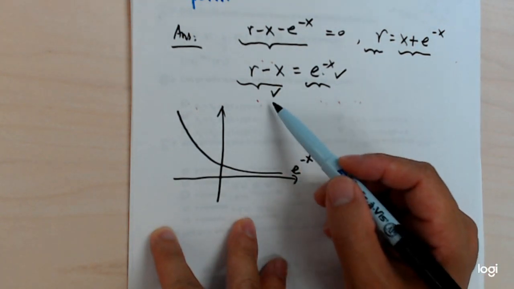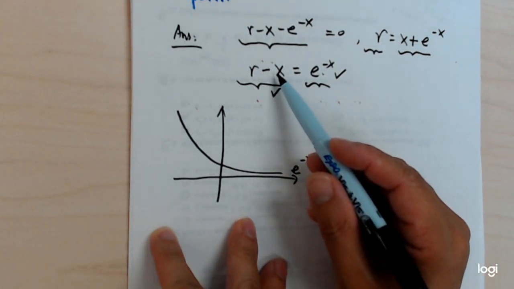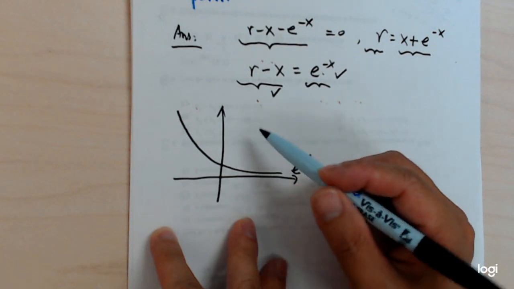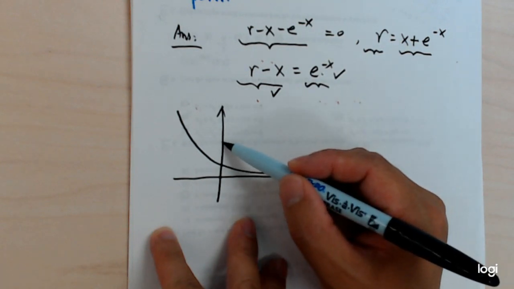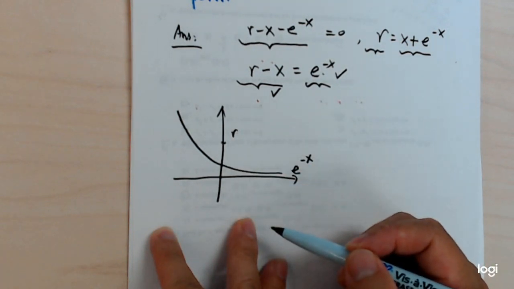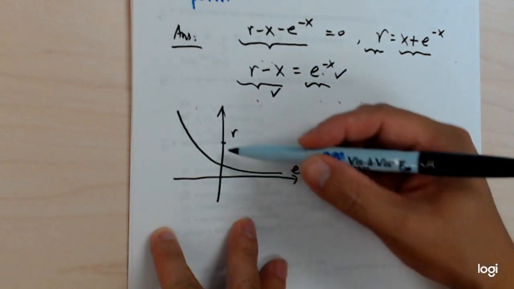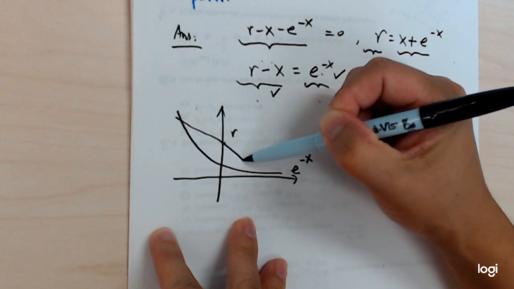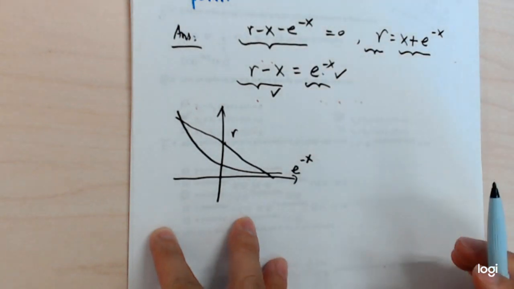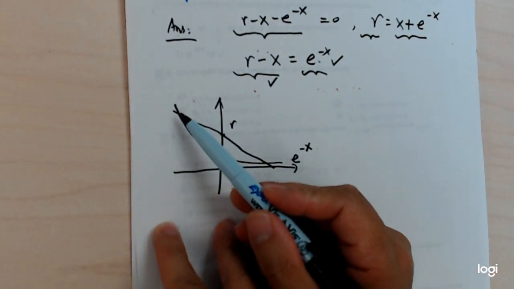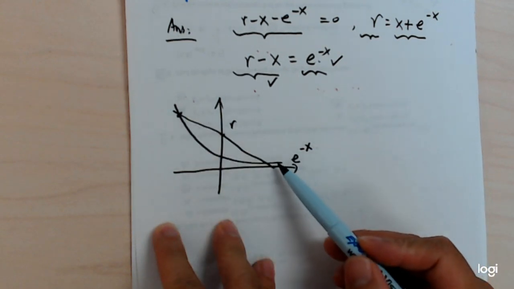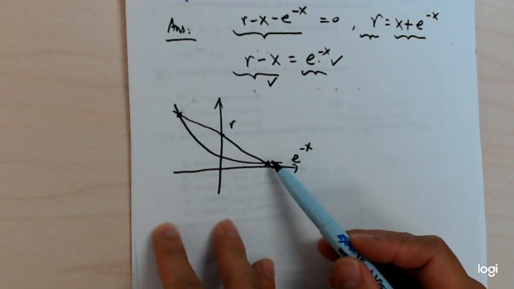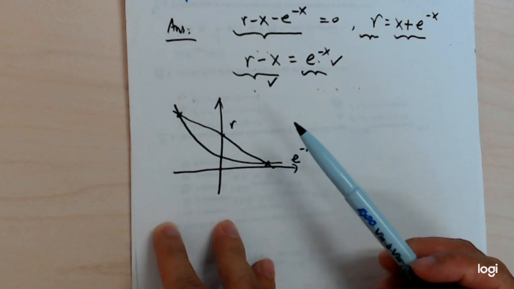For R minus x, the slope is a constant, always 1, and it intersects the y-axis at R. So that's one potential case. And notice for this example here, we have how many intersections? 2. There are 2 intersections, meaning there are 2 equilibriums.